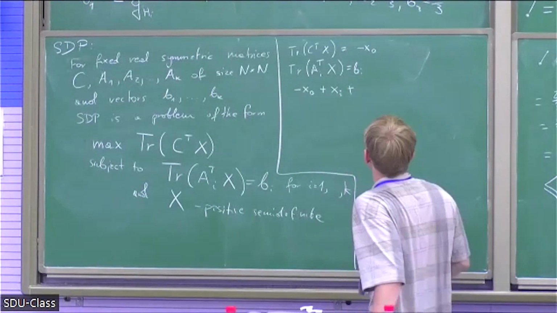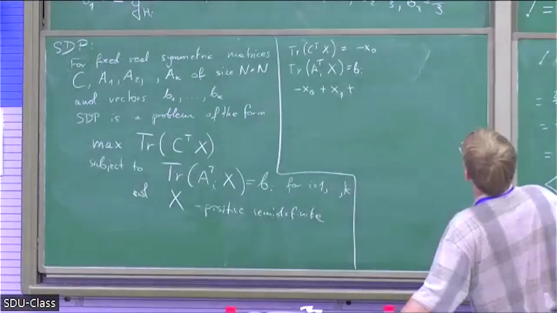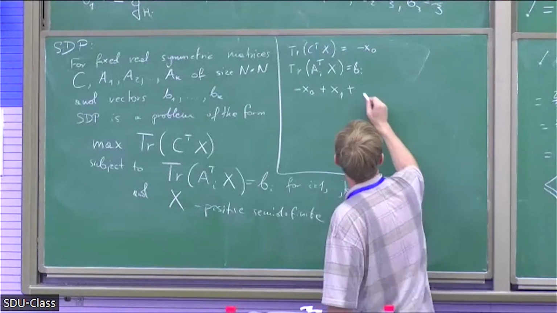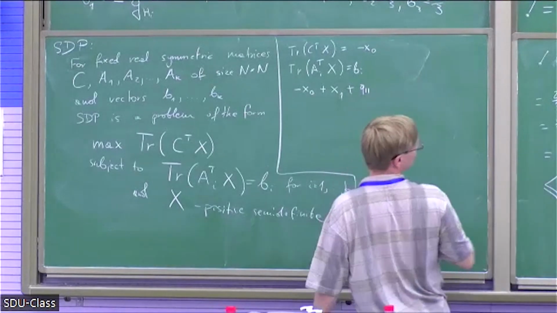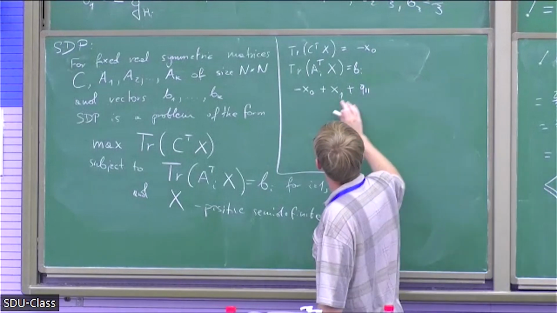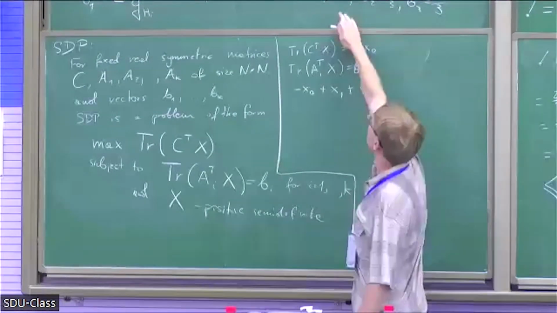For 1, I get just Q00, Q11. And this equals B1, and B1 is set to 0.